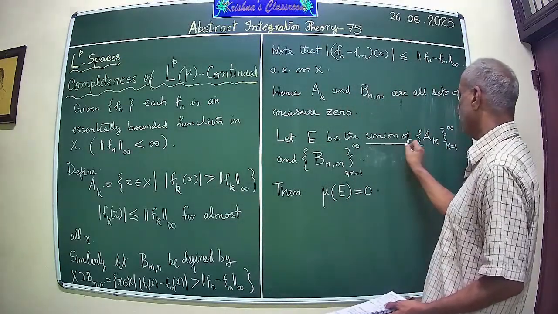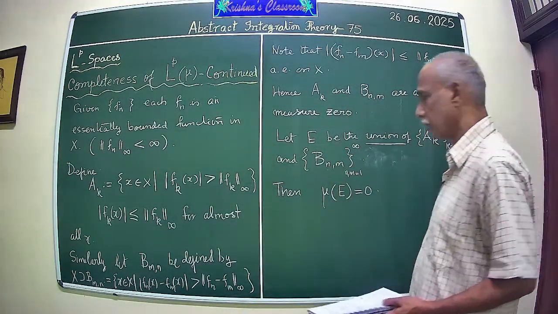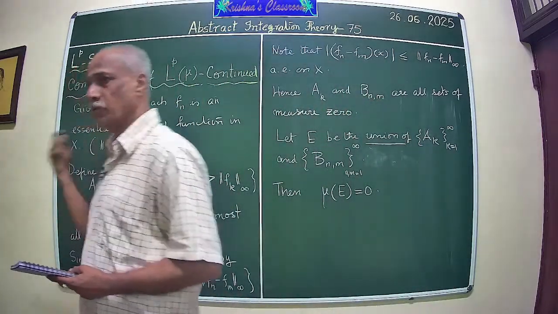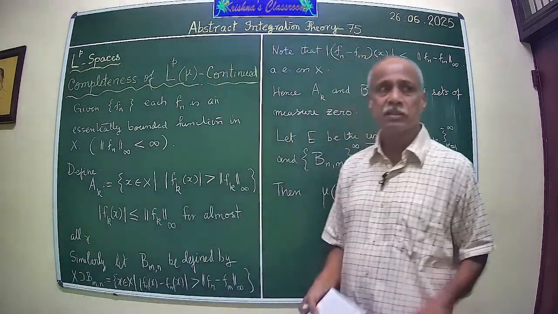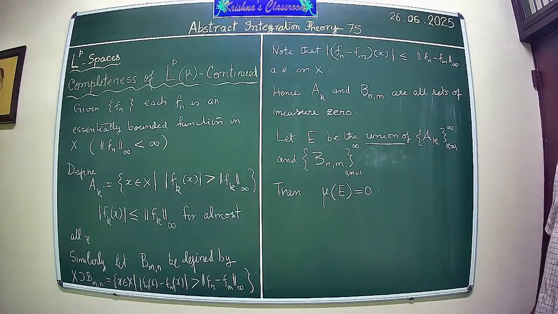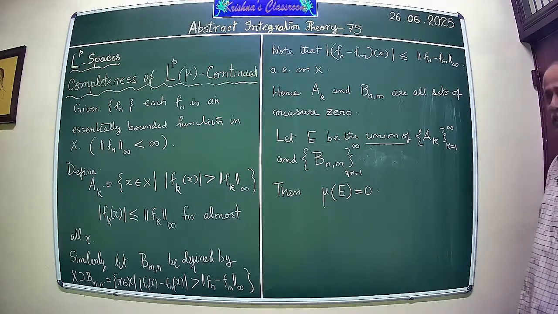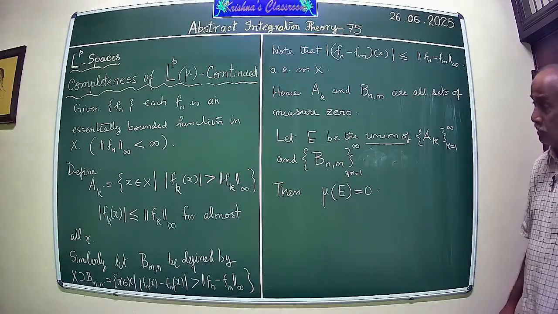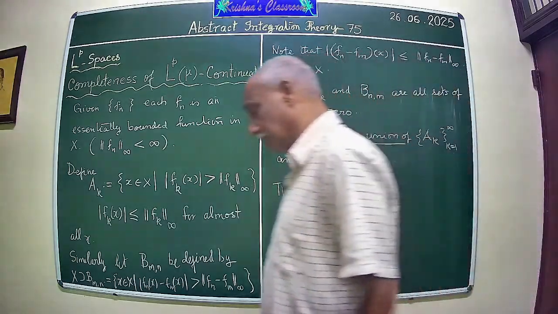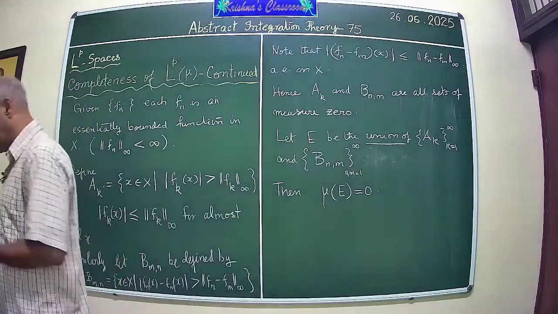It is the union of this class and this class. Each one is of measure 0. Therefore, this countable union of measurable sets is measurable and its measure is less than or equal to the sum of the measures of those. Each one has measure 0. Therefore, the union of these sets denoted by E also has measure 0.